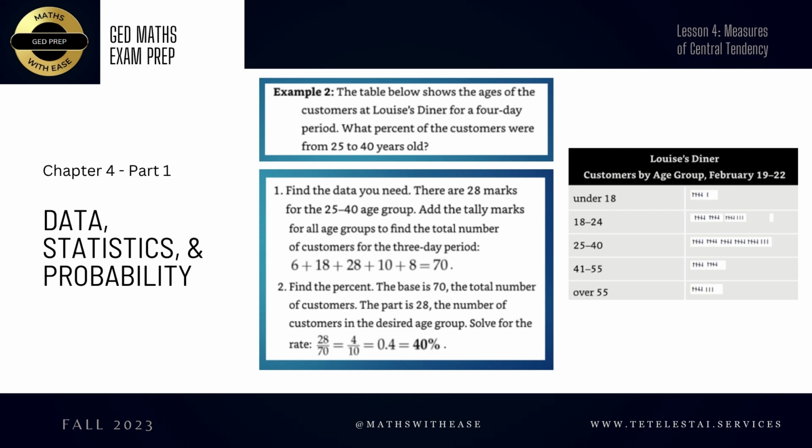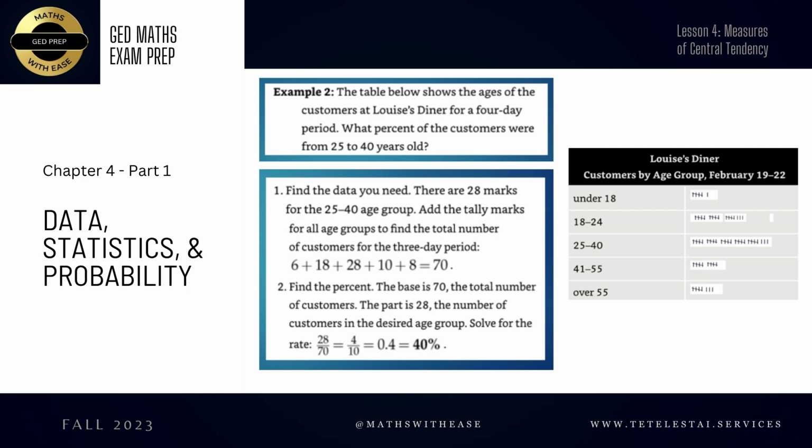So go to your under 18, we see that the number of customers is 5 plus 1, which is 6. So you would write down, that's where the 6 comes from. And then for your age group between 18 and 24, we know that the number of customers is 18, okay? And that's why I was telling you earlier that I had to change this information because the number of tally marks here was incorrect.